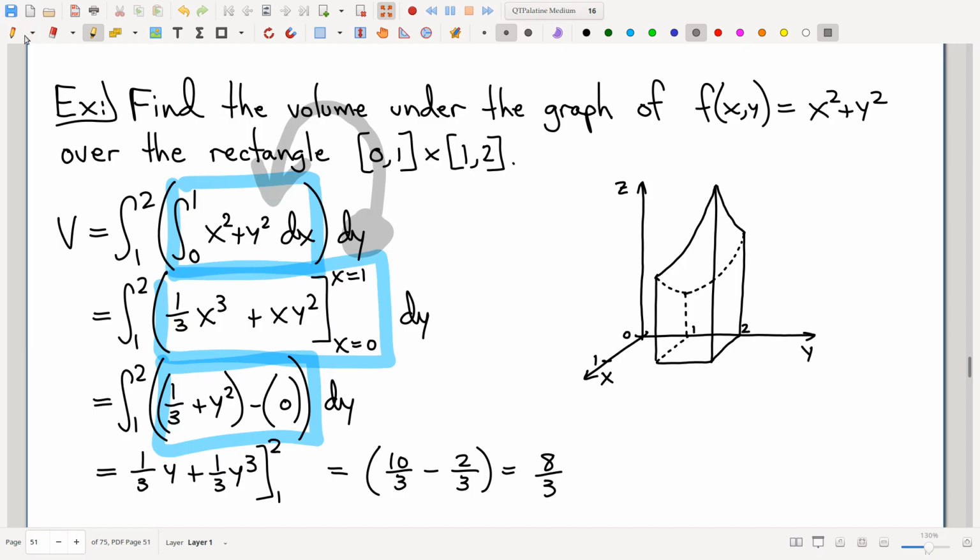So for example, when you're doing these antiderivatives, you're doing x antiderivatives. The antiderivative of x squared is 1/3 x cubed. Sure, no problem. Just like you would think. But the antiderivative of y squared, you're going to be tempted to write 1/3 y cubed. You're going to feel that urge to write 1/3 y cubed.